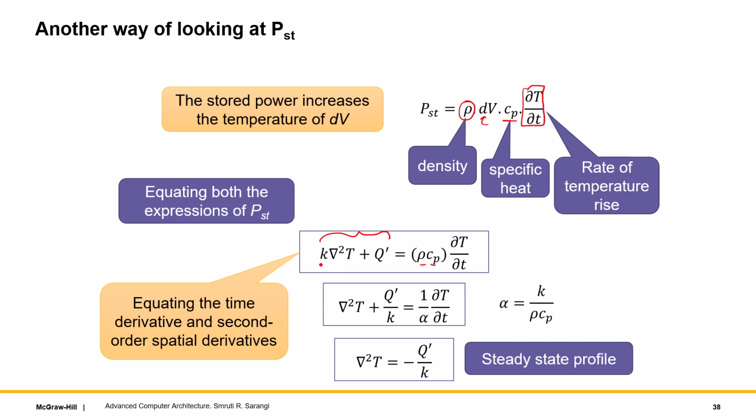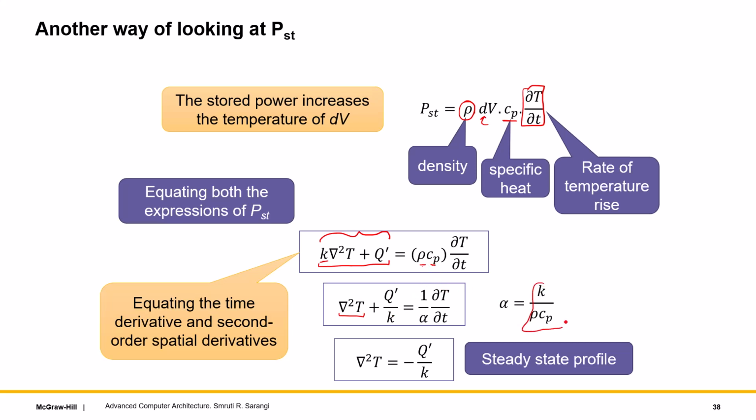So we are linking a second derivative of temperature in a spatial sense, spatial second derivative, with a temporal first order derivative. Time derivative with a spatial derivative. And then what I can do is, if I just divide by this constant k, it will be nabla square T plus Q dash by k is basically rho Cp by k times del T by del t.